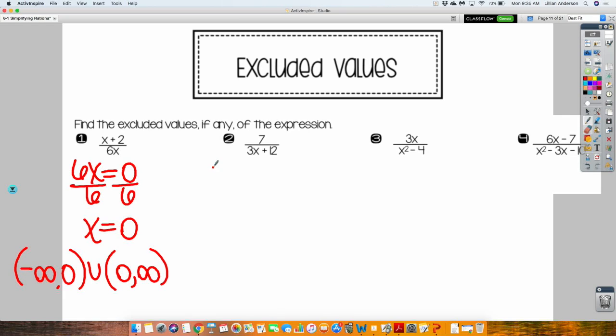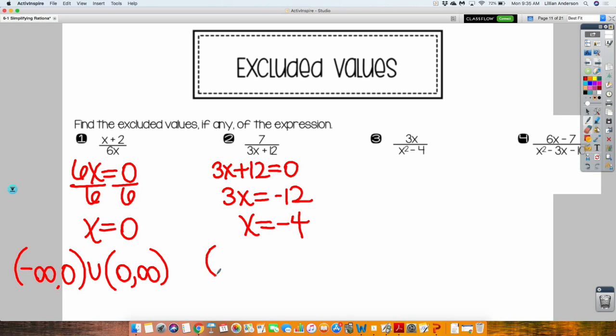I do the same thing here. I have 3x plus 12, so I set 3x plus 12 equal to 0. How would I solve this? So x is going to be -4, so every other number except -4 works for this expression.